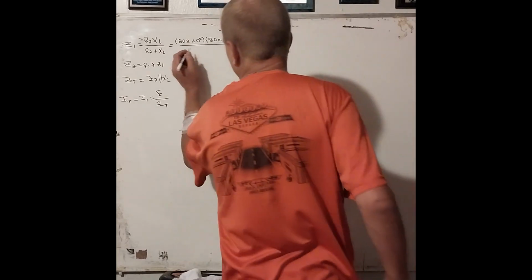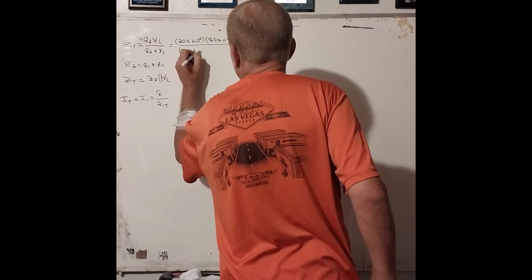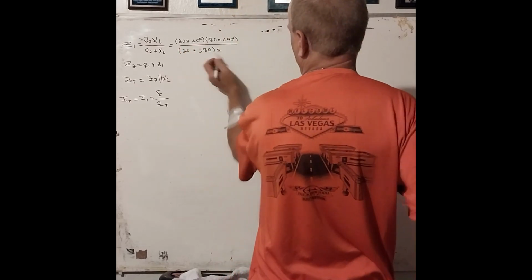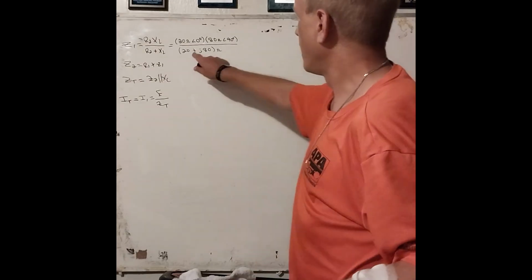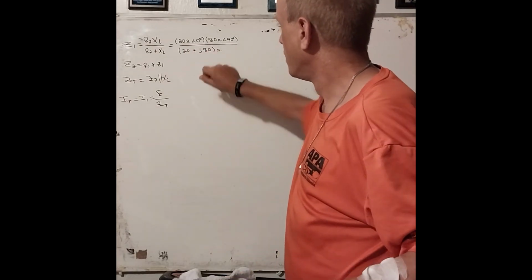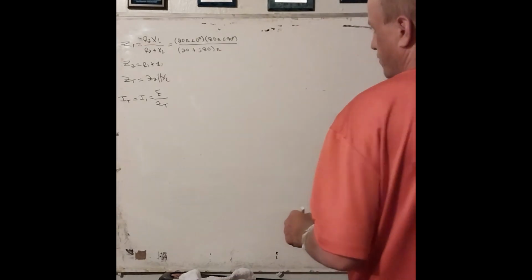Resistors are always 0 degrees, and this is going to be 20 plus J80, and it's all in ohms. I didn't write ohms in here, so instead, I wrote it at the end, so I only have to write it once to simplify things.